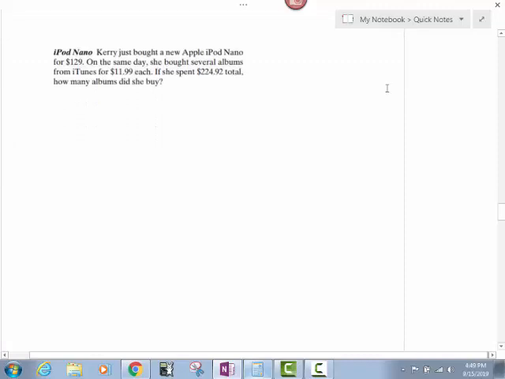So the next problem here says iPod Nano. Carrie just bought a new Apple iPod Nano for $129. On the same day, she bought several albums from iTunes. They were $11.99 each. If she spent $224.92 total, how many albums did she buy? Oh, I don't know, but let's see.